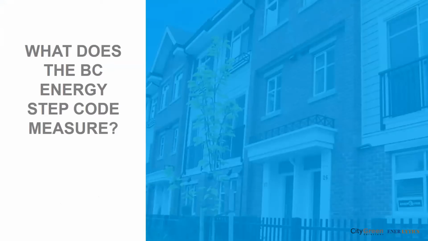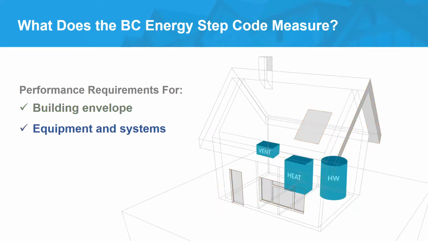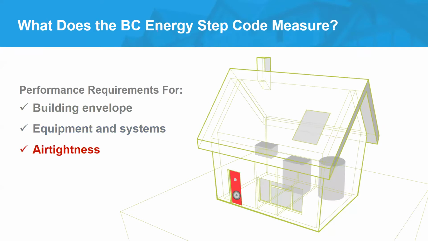In the next component of this report, we're going to look at what the BC Energy Step Code measures. First, it measures the performance requirements for the building envelope. Secondly, it measures the performance requirements for equipment and systems. And thirdly, it measures the performance requirements as related to air tightness.